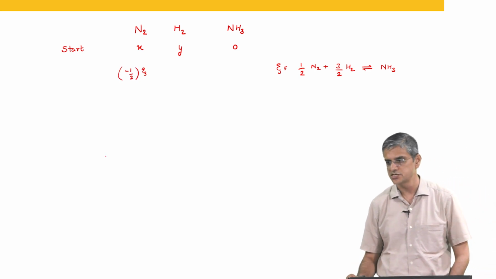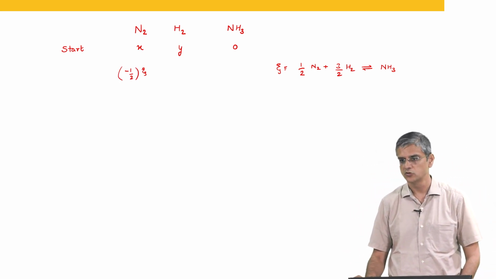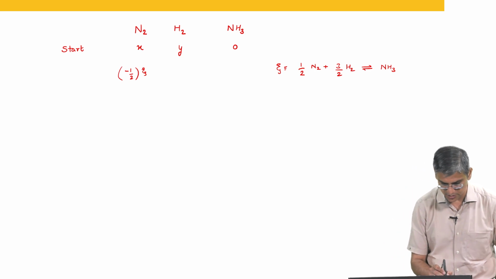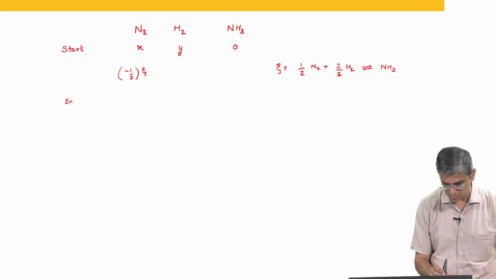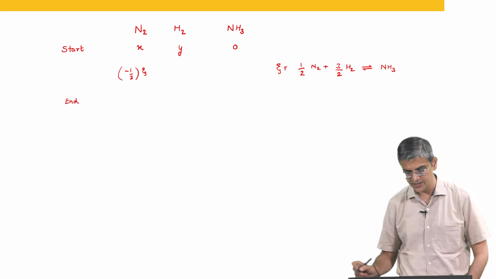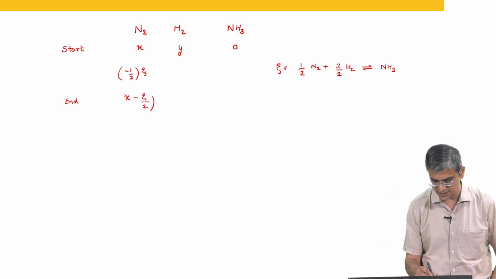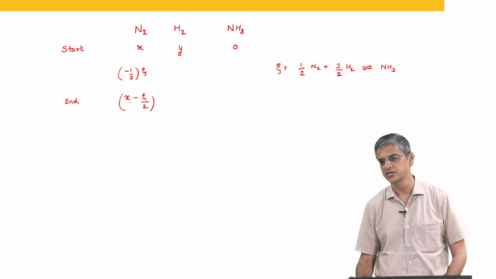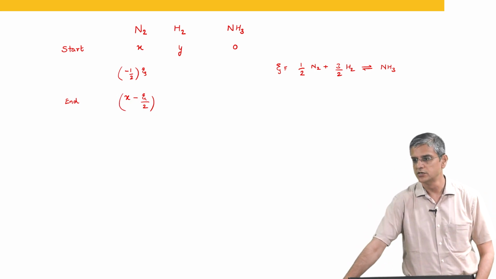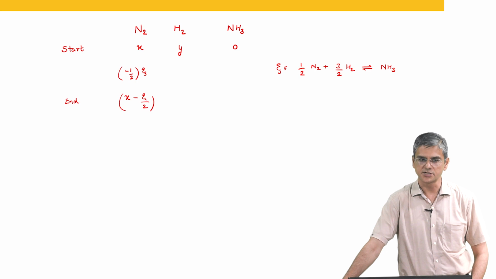Same way for hydrogen, same way for ammonia. So, you do that and then look at the end what are the number of moles that you get. So, the number of moles that you are going to get is x minus zeta by 2, and something else. Now, there are two ways in which this reaction can be run.